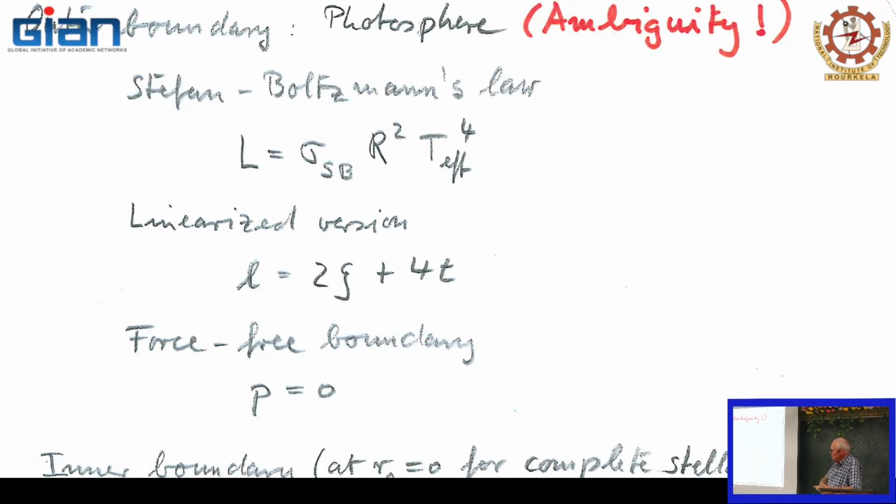Here, these boundary conditions sound very reasonable, but they are not unique or unambiguous, because by other arguments you can adopt other boundary conditions. So keep in mind that the boundary conditions for our perturbation equations at the outer boundary are not unambiguous, and they may vary from author to author.